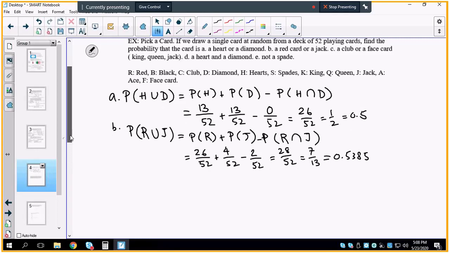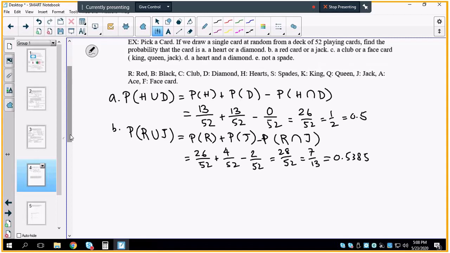The third question is asking you, what is the probability that the card is a club or a face card? Club or face? Probability of club plus probability of face minus probability of club and face. Well, probability of club, there are 13 clubs, so 13 over 52. Face card, so there is king, queen and jack of each suit, so 3 in each suit.